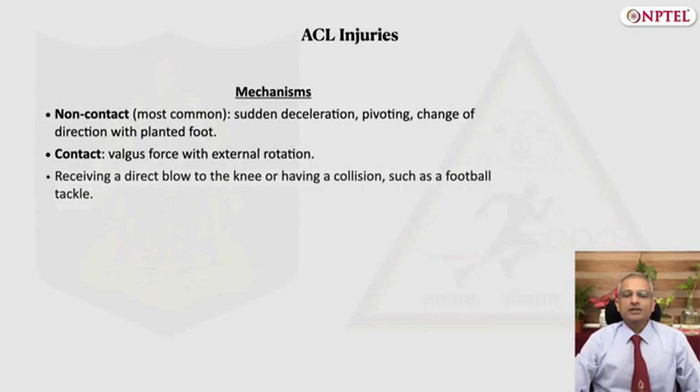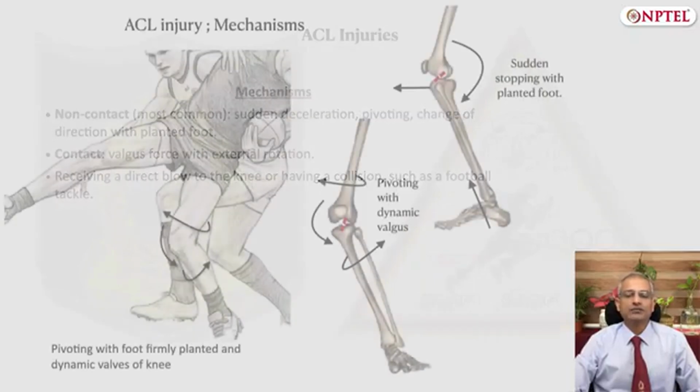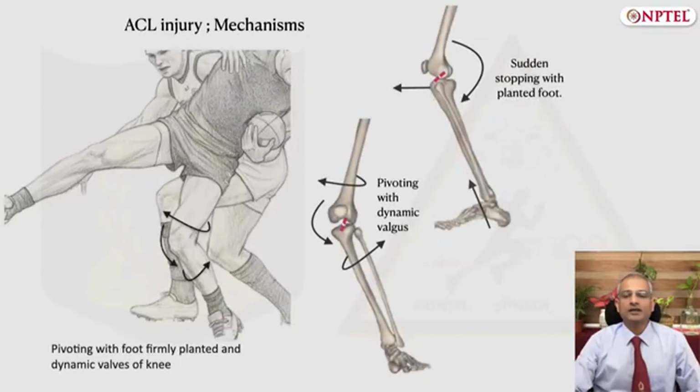The anterior cruciate ligament can be injured in various ways, like a contact or a non-contact injury. Here the contact means contact with an opponent. The contact injuries happen when there is a collision with the opponent and there is a valgus force on the knee with the external rotation of the leg, as shown in the first sketch.